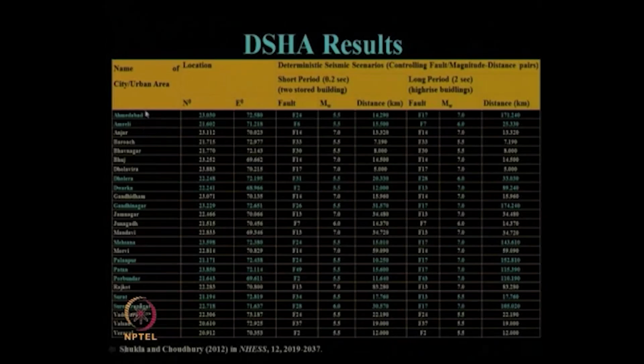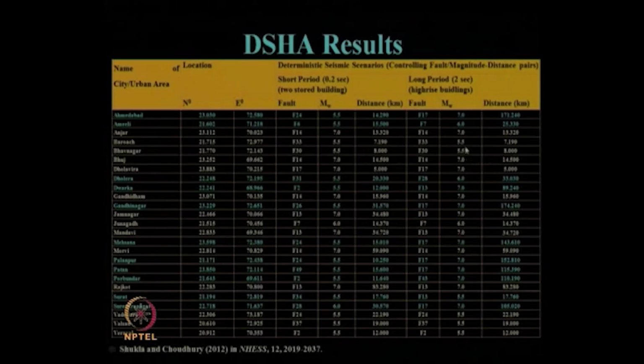That is the reason why Ahmedabad city, though it was far away from Bhuj city during the 2001 Bhuj earthquake, as there were many high-rise buildings coming within the purview of this deterministic seismic hazard of long period from the influence of F17 at a distance of 171.24 kilometer, that dominated. Clear?